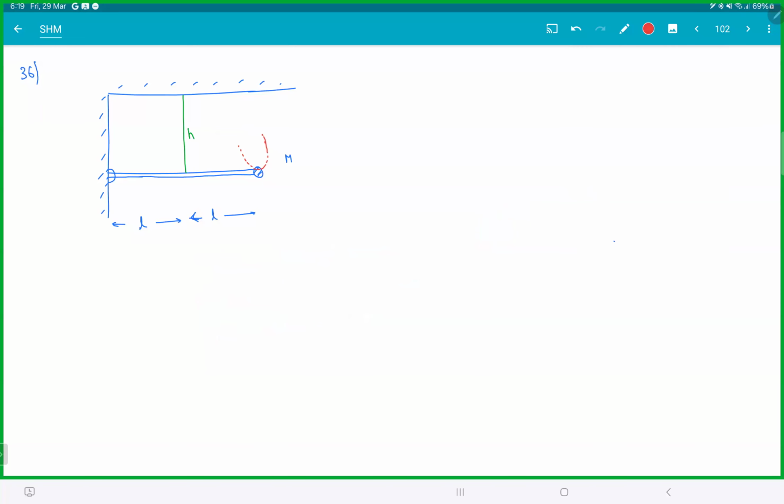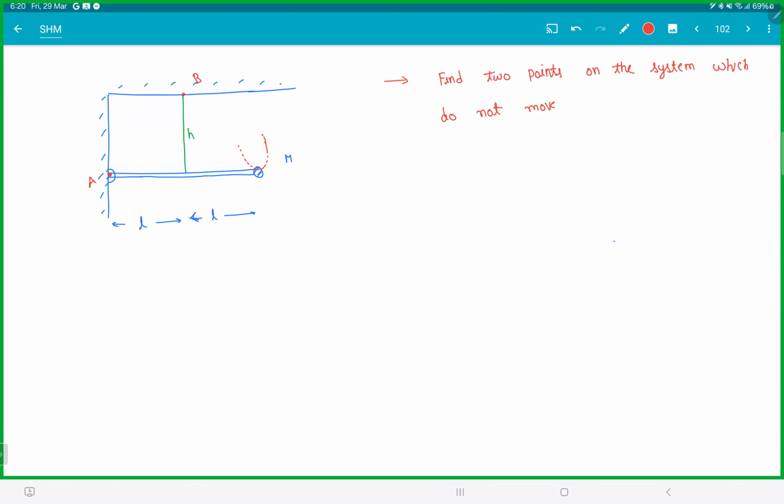So whenever you have problems like this, step one, find 2 points on the system which do not move. So if you see here, this guy is 1 point and this guy is 1 point.